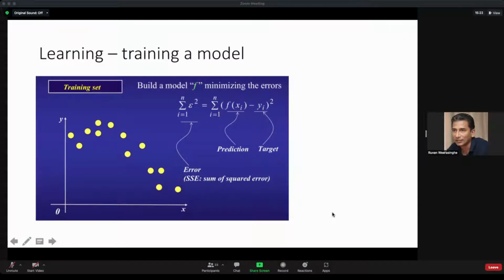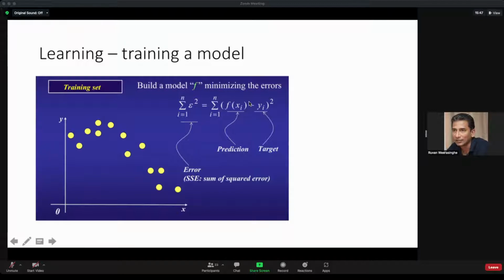So when we train a model, this shows what happens. In the case of regression, these are points and I want to fit a curve. One way is to fit a line, and you can fit different lines. How do you figure out which is the best?